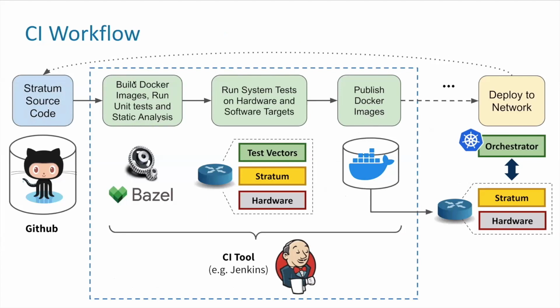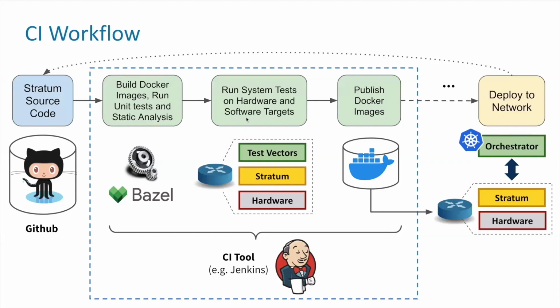In build, a Docker image is built for each combination of platform, that is Broadcom, Tofino, BMv2, for every SDE and kernel version that we support. All the images built in this stage are pushed to a private registry, and apart from building Docker images, we also run Bazel-based unit tests and static analysis in this stage.